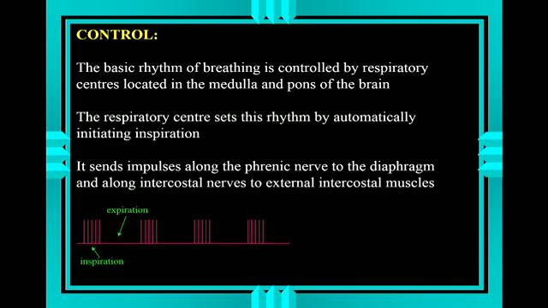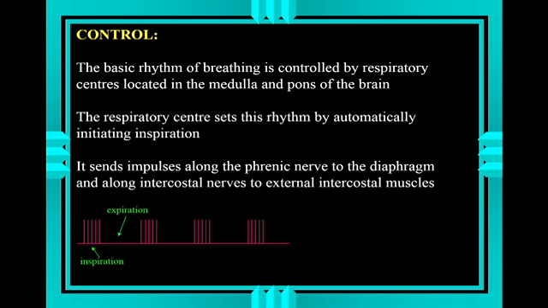So let's look at the basic control of breathing. What makes us breathe? Well, the simple answer to the question is, in fact, as we said, the brainstem and the respiratory centres located in the medulla and pons of the brainstem. So there are three parts of the brainstem.